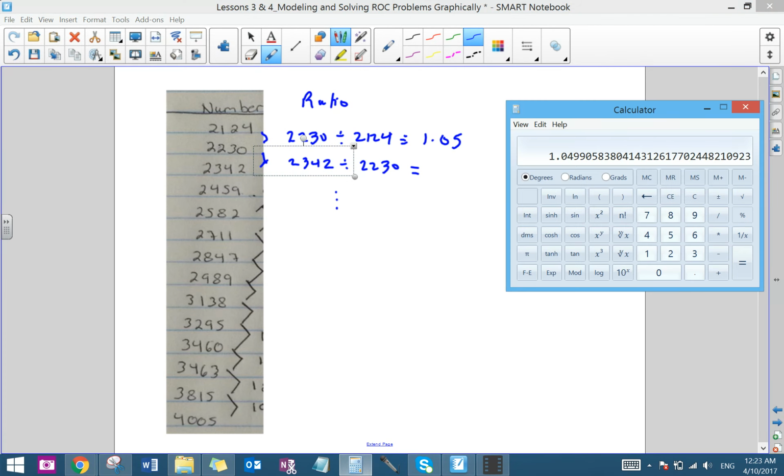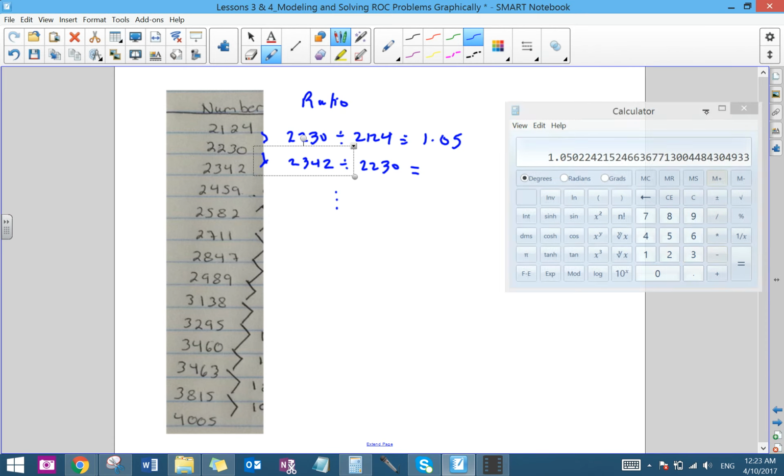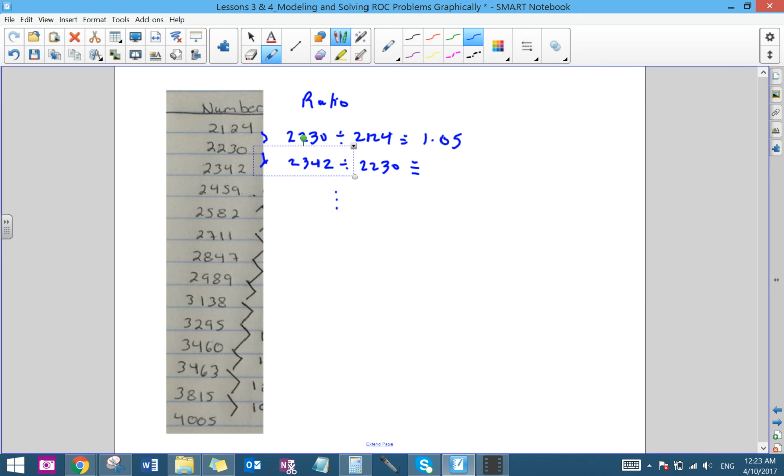Then we'll try once more with the next set of values. 2342 divided by 2230, 1.05 approximately. So you can probably get the sense all the way through that the ratio is going to be about 1.05.